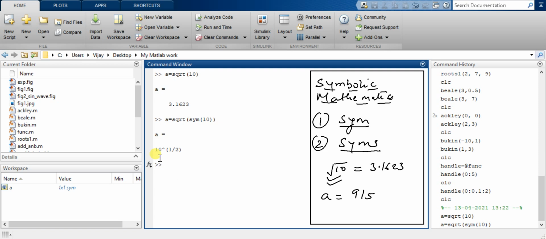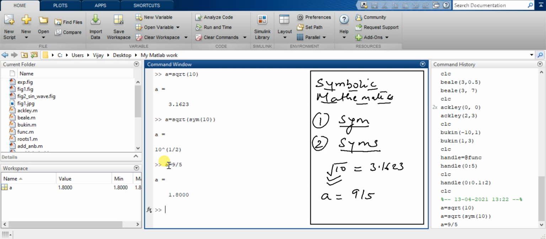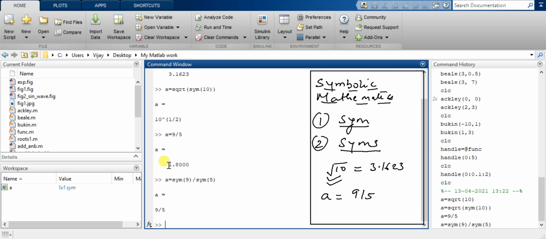This will give you the value 1.8, and we want to represent this a as a symbolic 9 by 5. So we have to write a equal to sym of 9 divided by sym of 5. This will create symbols 9 and 5, and when you hit enter, then a will store 9 by 5.